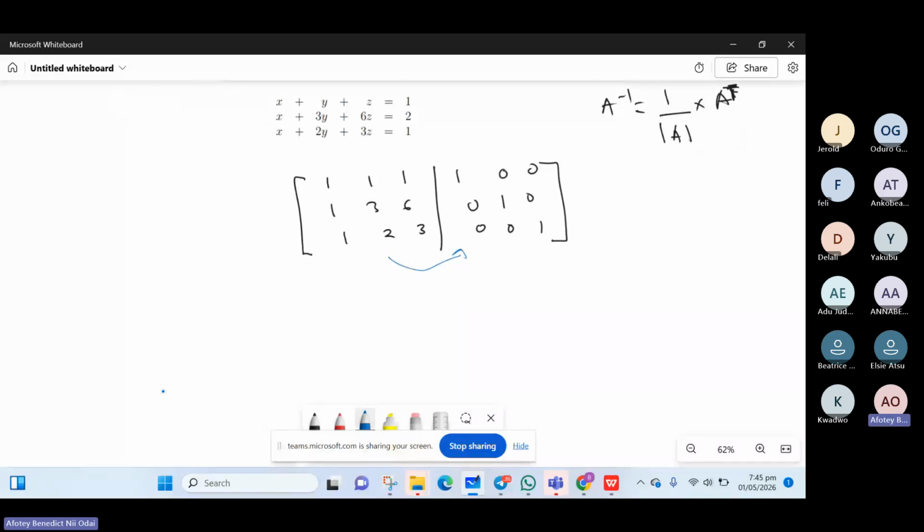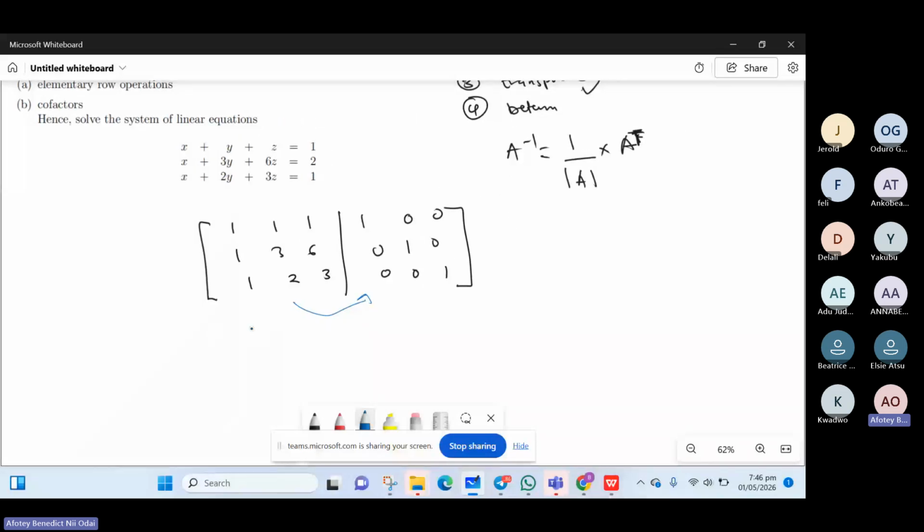With this inverse thing that we are doing, you can actually solve this with a calculator. So we've not begun, but let me just say this before I forget.